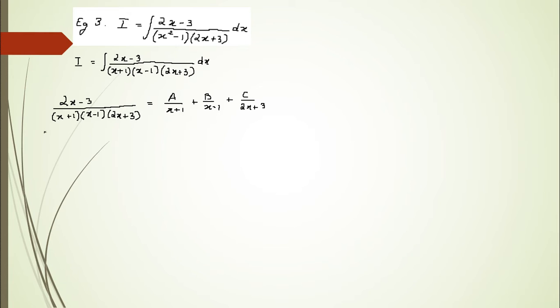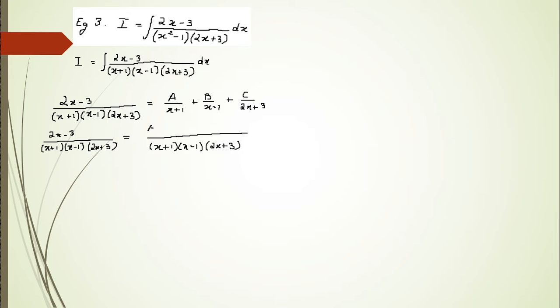Therefore, 2x minus 3 divided by x plus 1 into x minus 1 into 2x plus 3 can be written as, now here I will take the LCM, so I'll get x plus 1 into x minus 1 into 2x plus 3.